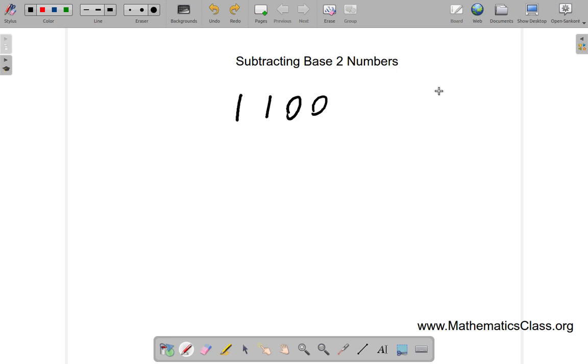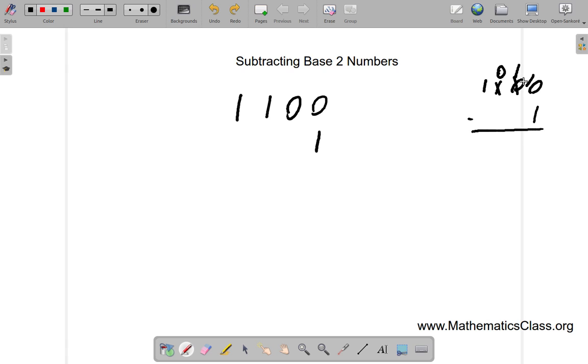Now the shortcut, following the same pattern as a while ago with the base 10 number, would be 1100 minus 1. 1 minus 0, you can't. You can't borrow 1 from the 0, so you borrow 1 from this one and it becomes 0. When you're coming back over here, you turn this, not into 9 but into 1. 9 was the largest digit in base 10; 1 is the largest digit in base 2.